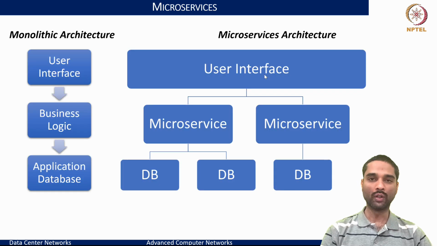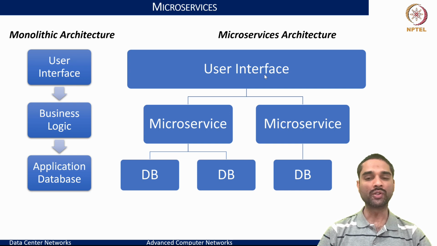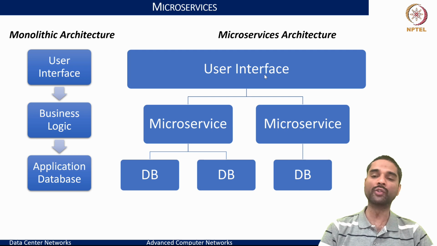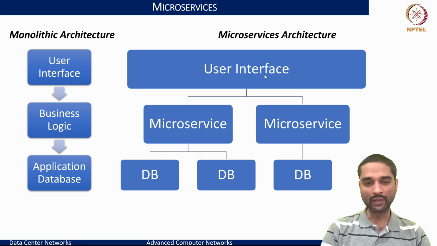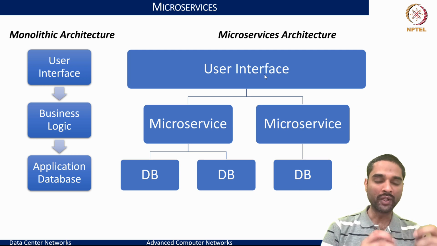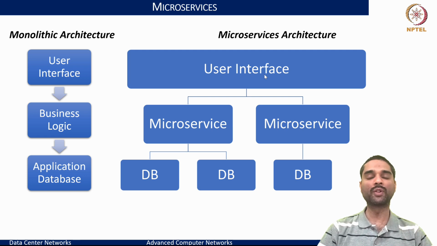So if you think of what we just discussed as microservice versus monolithic architecture, we can build the business logic as a bunch of microservices. You can build the application database as the units that can be independently sharded or built so that you are able to access distinct databases for each of these services. So we can decouple the need for using the same application database for all the services.